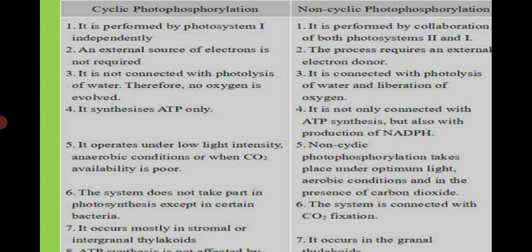In cyclic photophosphorylation, there is no photolysis of water, therefore oxygen is not evolved. In non-cyclic photophosphorylation, it is connected with photolysis of water and carries out a liberation of oxygen. Cyclic photophosphorylation synthesizes ATP only, but in non-cyclic photophosphorylation, in addition to ATP, there is a production of reducing power in the form of NADPH.